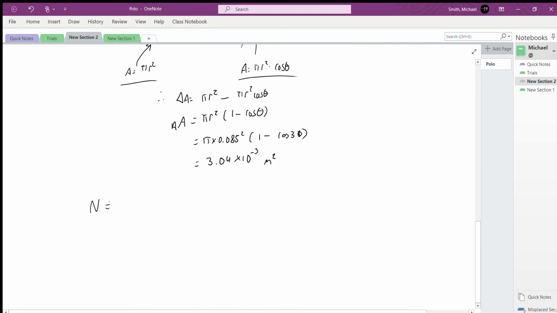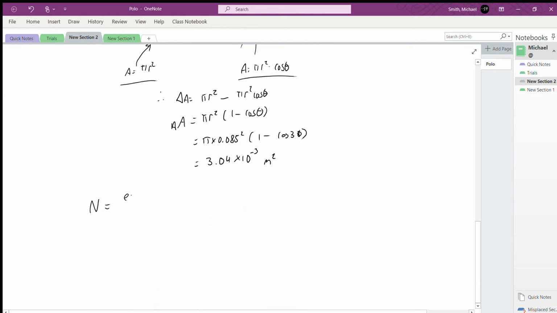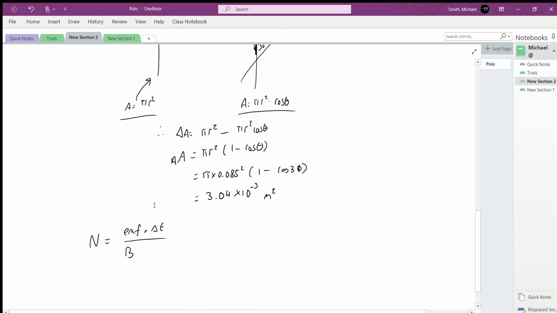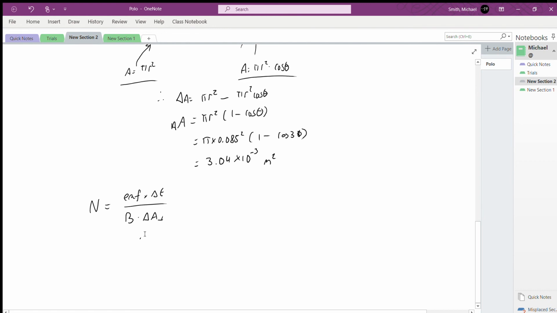So now we can work out the value of n. So from before, with our rearrangement, we have EMF multiplied by delta T divided by the magnetic field strength multiplied by the change in area. And we can substitute the values from the question. So the EMF is 7.26 microvolts. Change in time was 6.7 milliseconds.